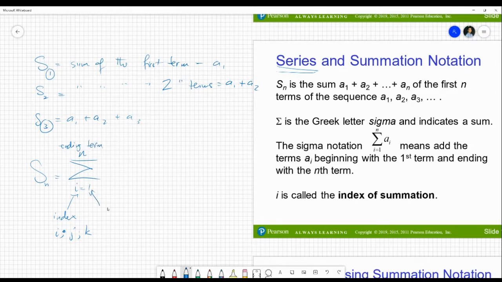So this is called the first term, starting term, I guess. Okay, and the value in here is the general term. That's like the formula that we saw earlier. Okay, all right, let's look at some examples.